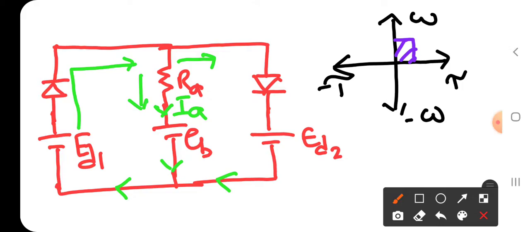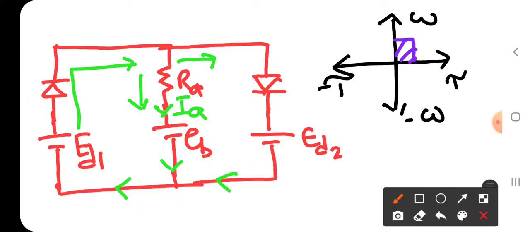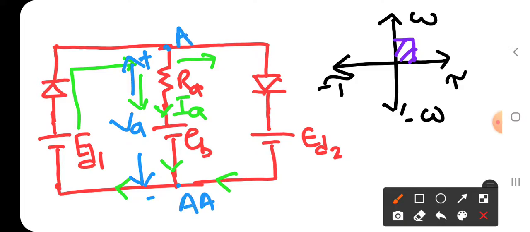Voltage applied to armature. Just see on the screen, it is VA or EA. It is plus, it is minus. That means this is A, and here it is AA.